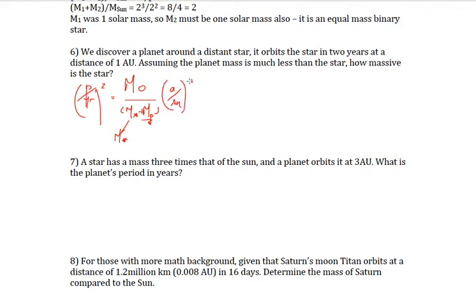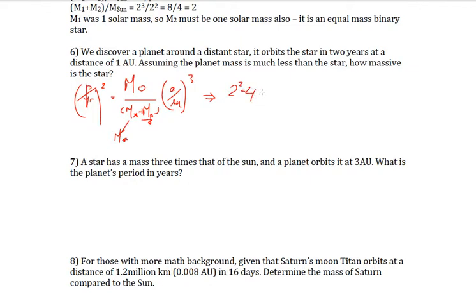cubed. So if we simplify, the period is 2 years, and so period divided by years is 2 squared, which equals 4.